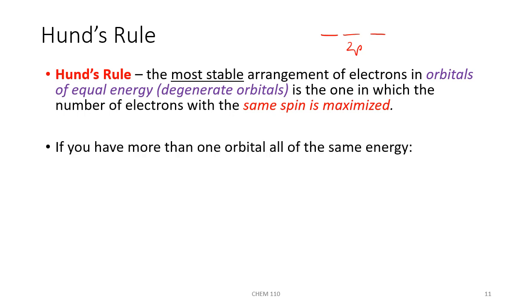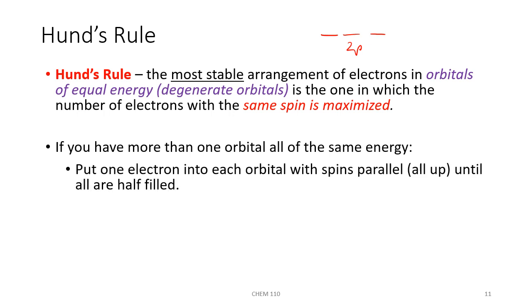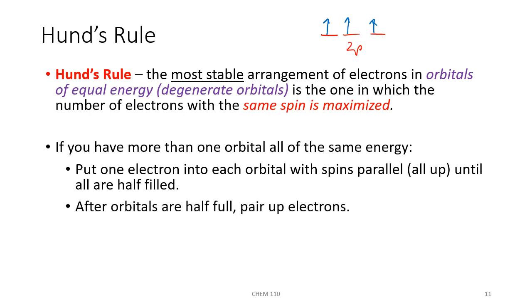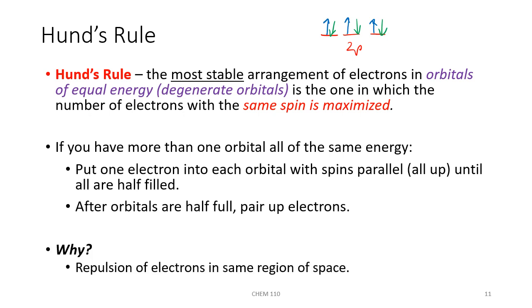If we have more than one orbital of all the same energy, so if we have 3 2p orbitals or 5 3d orbitals, first we're going to put one electron into each orbital with their spins parallel, meaning they're all spin up. So first we would half fill all of our orbitals that are equal energy. Only after those orbitals are half filled will we come back and start pairing up those spins and completely filling the equal energy orbitals.